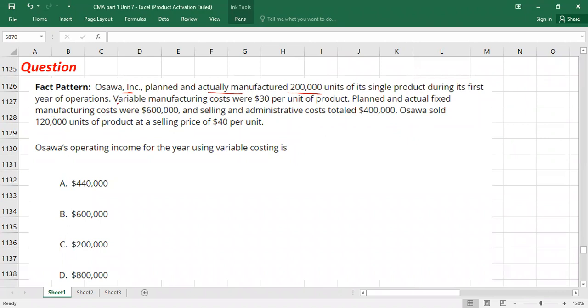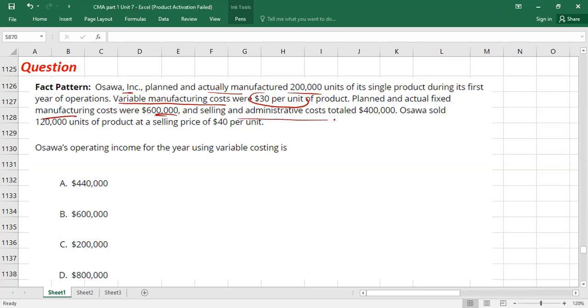Variable manufacturing costs were 30 per unit. What is it? Product cost. Variable manufacturing means direct material, direct labor, and variable overhead. So this is $30. Planned and actual fixed cost are how much? 600,000. This is the fixed production cost.